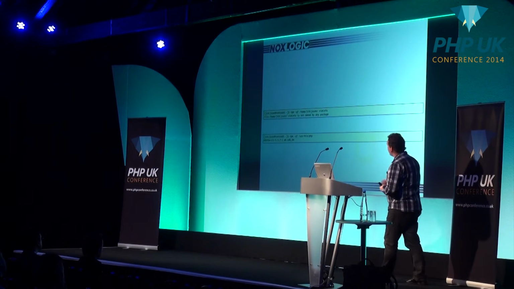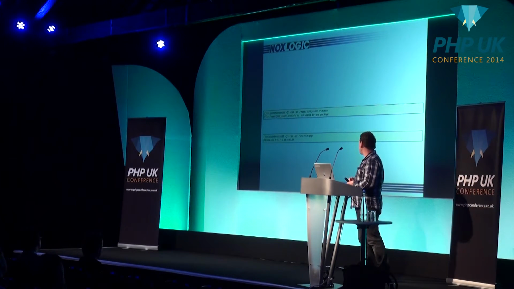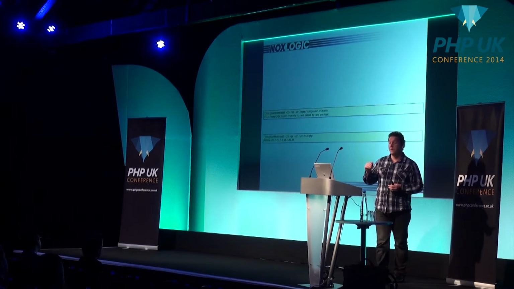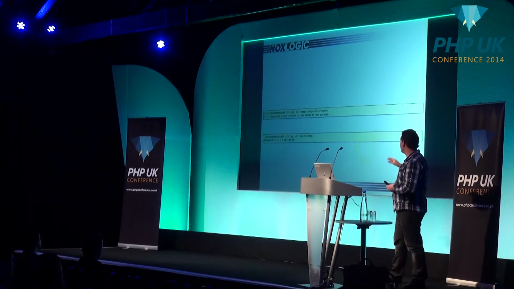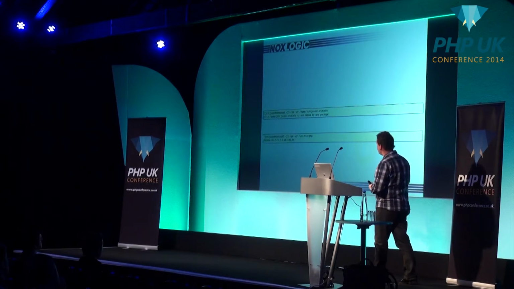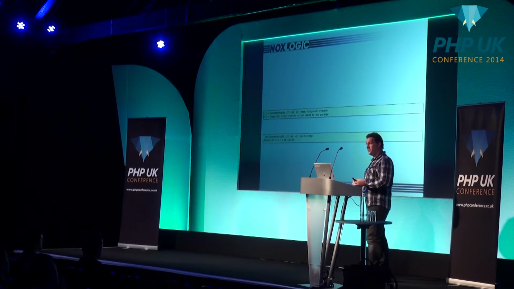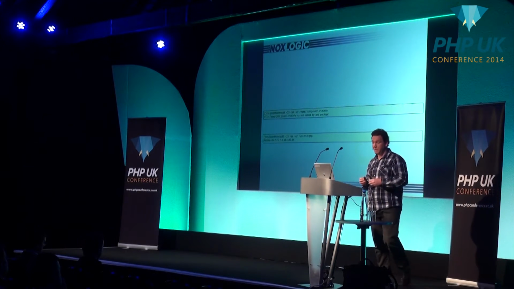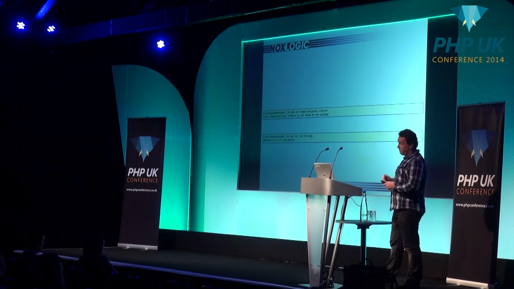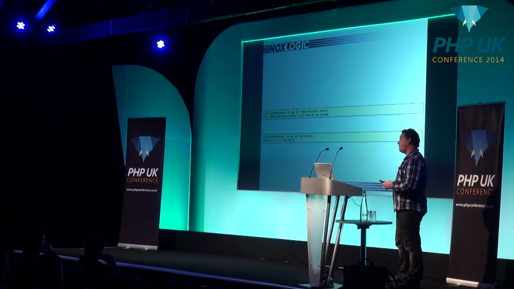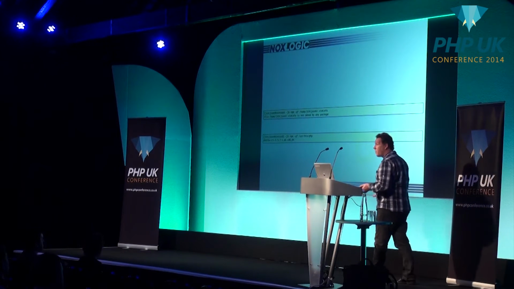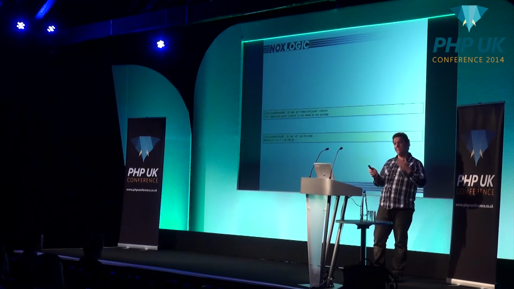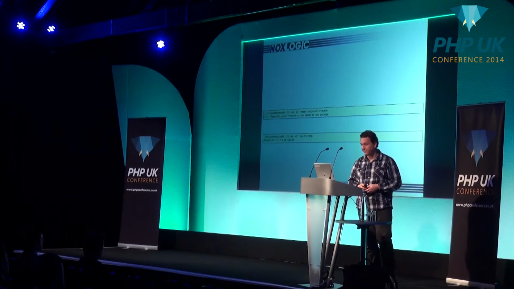However, I can check rpm -qf on /usr/bin/php, and it says okay, this file belongs to php55w-cli, etc. So this is the PHP CLI binary for 5.5 coming from that package. So if you have a file and you have no idea where it came from, you can use rpm -qf to figure that out, which is really cool.